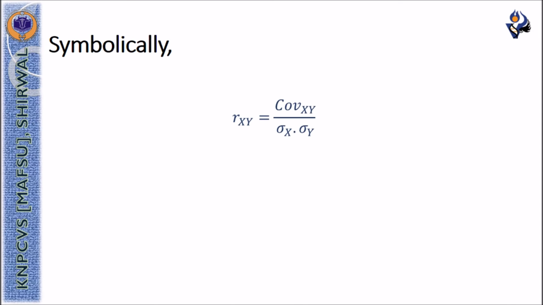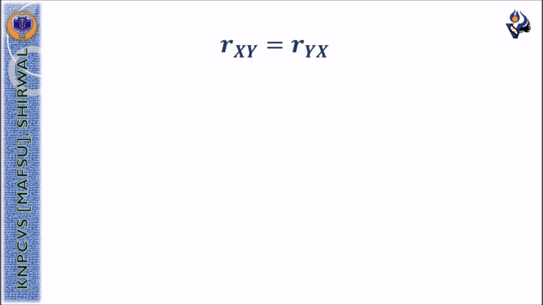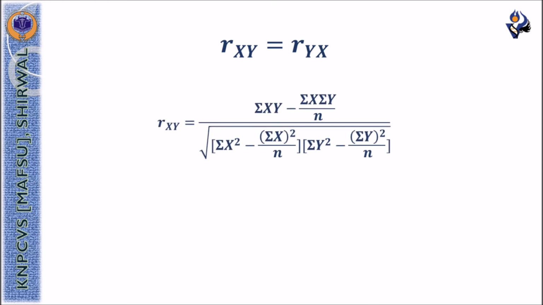Symbolically, correlation is denoted with the formula Rxy is equal to the covariance between x and y divided by the standard deviation of x into the standard deviation of y. Rxy is equal to Ryx, where Rxy or Ryx can be obtained with the given formula.